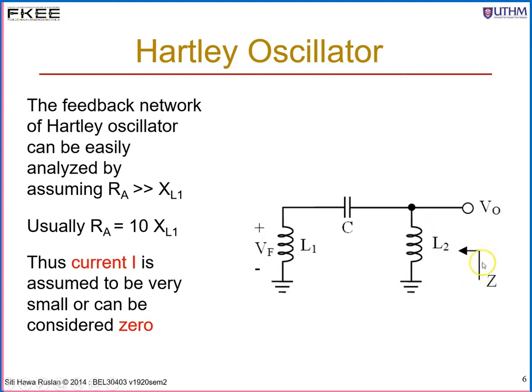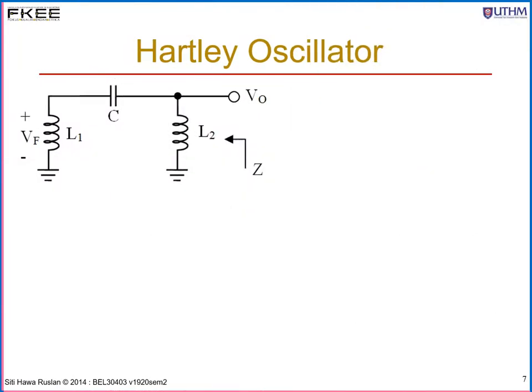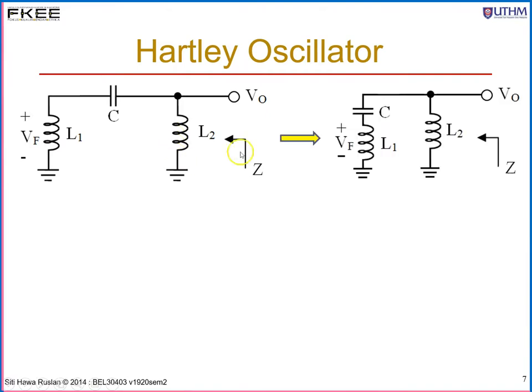Looking here is the total impedance. We have to find this total impedance for this particular circuit. The feedback network can be redrawn. The capacitor and inductor are in series, so it is shown clearly in series. These two are parallel with L2. So your total impedance looking at this particular node will be L2 parallel with C and L1 in series.